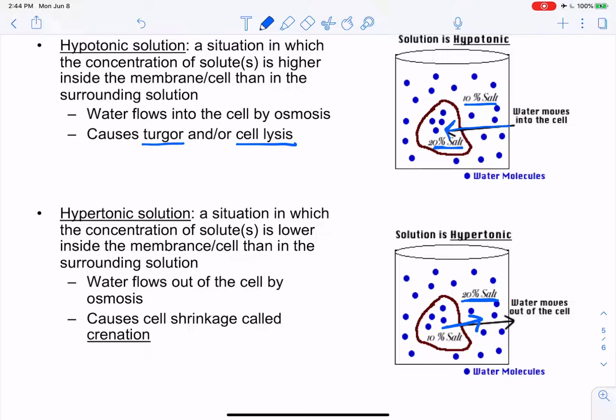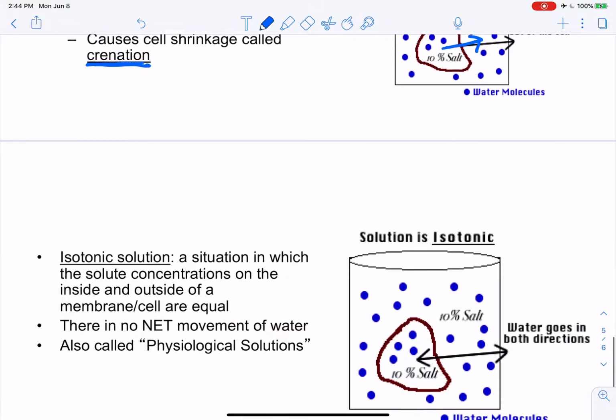So this causes cell shrinkage, which we already said on the other slide was called crenation. And this is the problem that our saltwater fish face. So they have to have a mechanism to keep the water inside the cells.